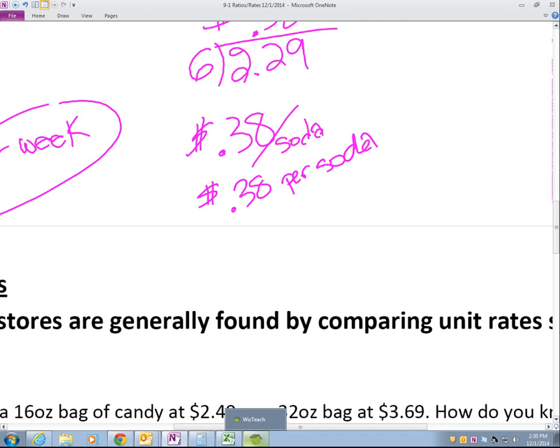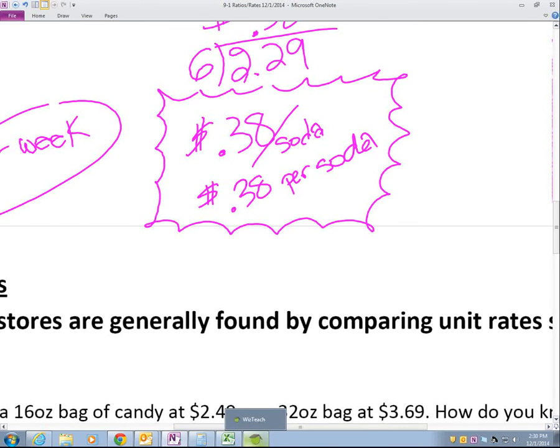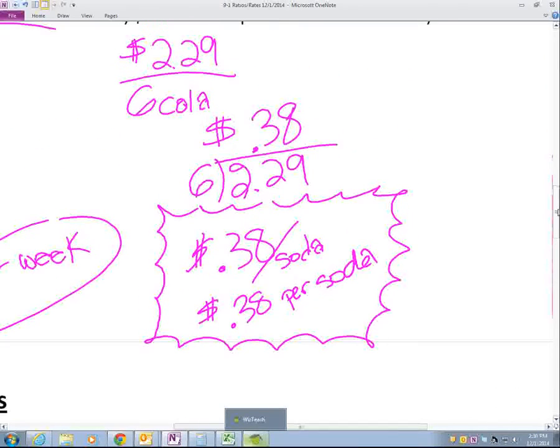Both of these work. And I expect that you know how to do this division. That's why I'm not putting it up there. Did anybody have this?